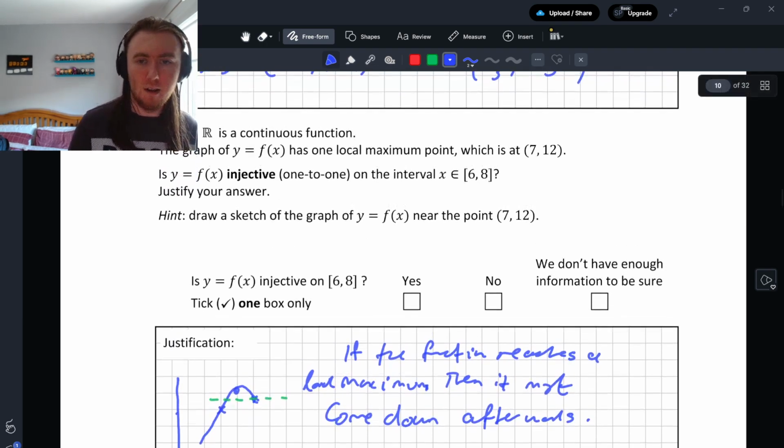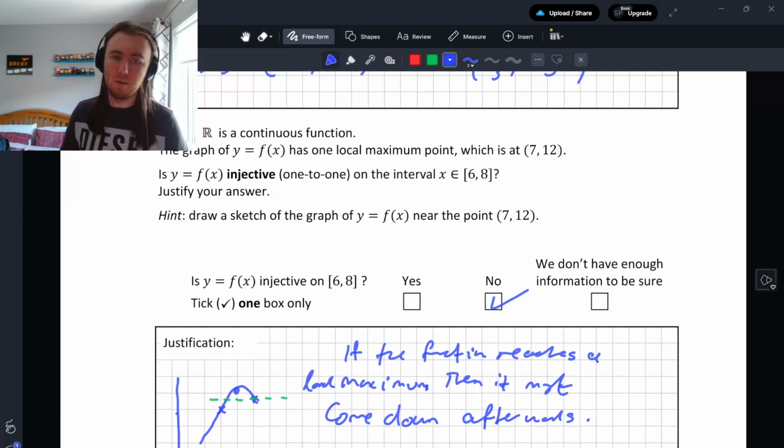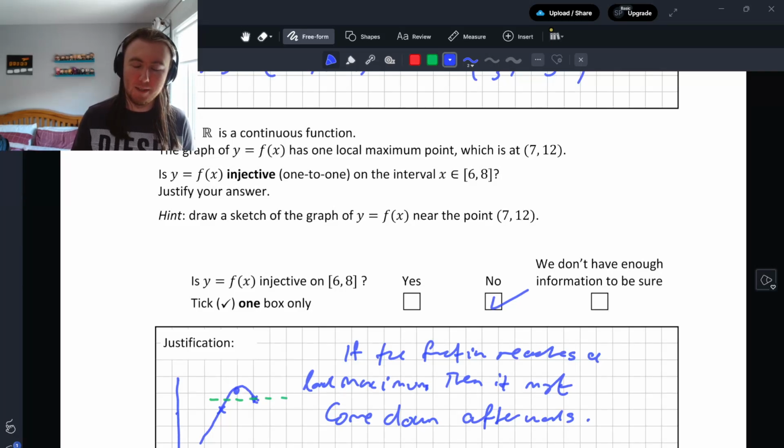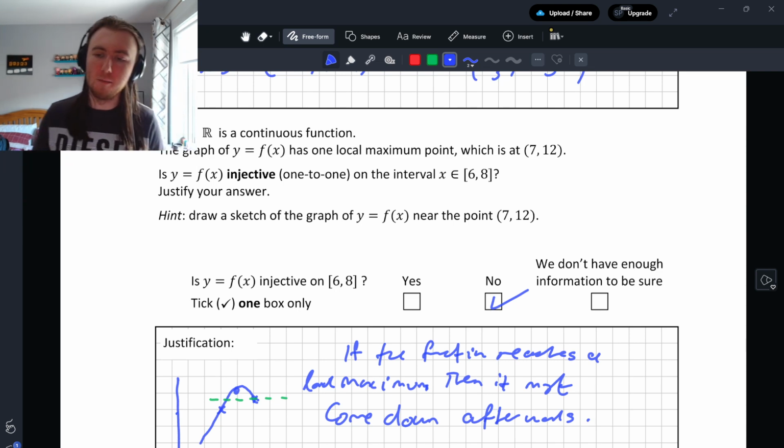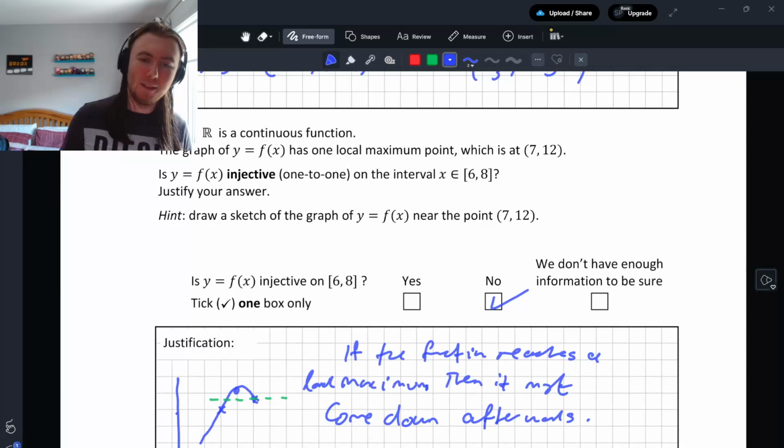Thus, my answer is that no, I don't think it's injective. I can't really think of a reason why it could be injective on that particular interval. This is probably one where the comments are going to completely slate me, but that's just what I'm thinking.